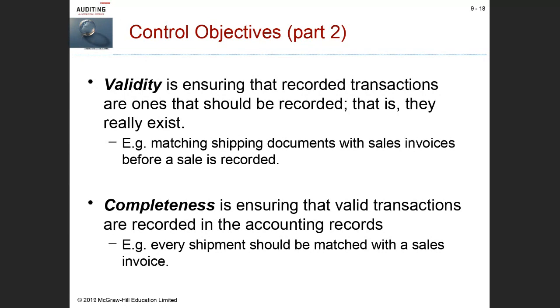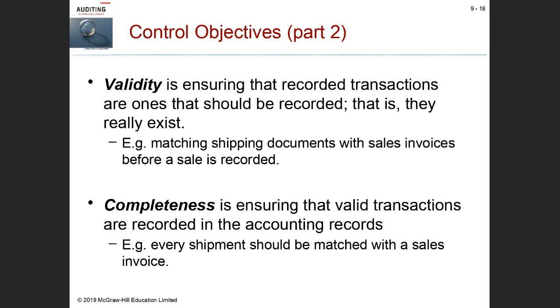Then we know that all goods shipped have been invoiced. So we know all the invoices that should have been recorded in sales have in fact been recorded, right? So we're testing in two directions here. And this is an important part of auditing. We call it directional testing.